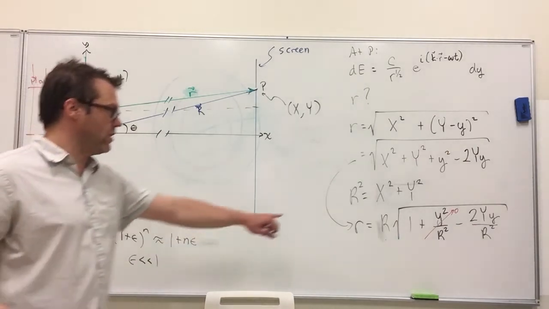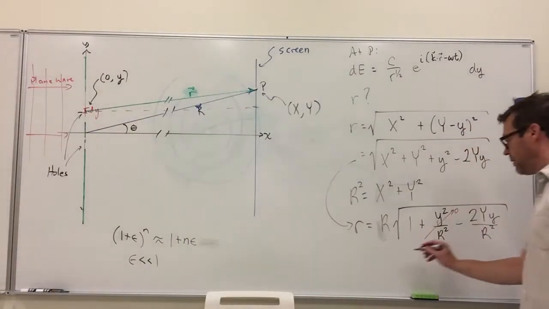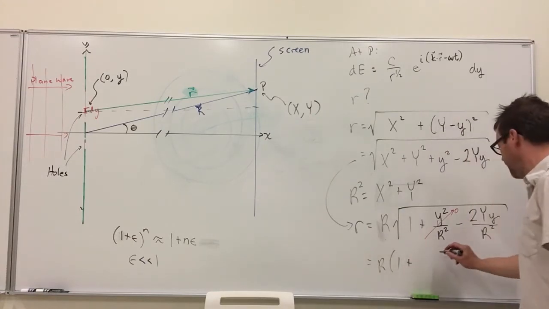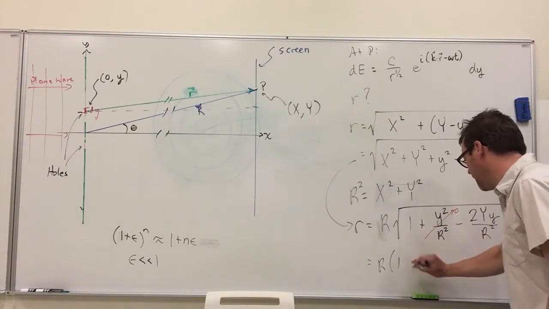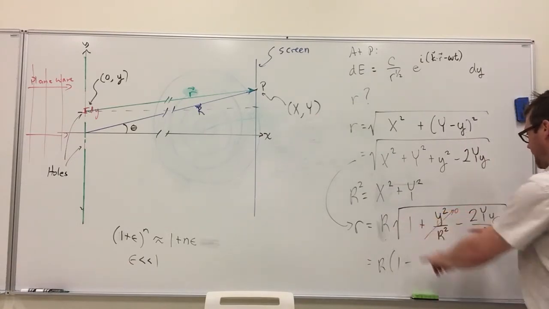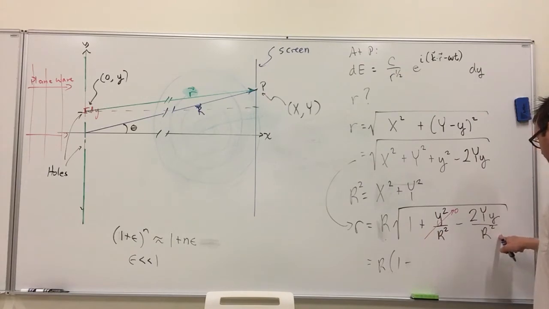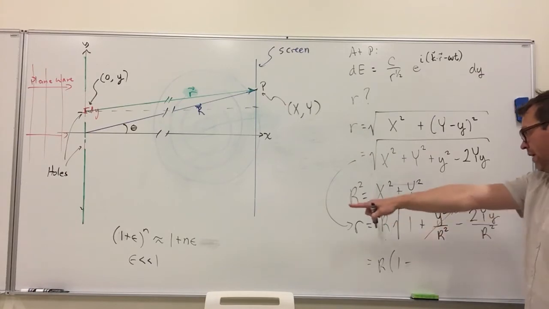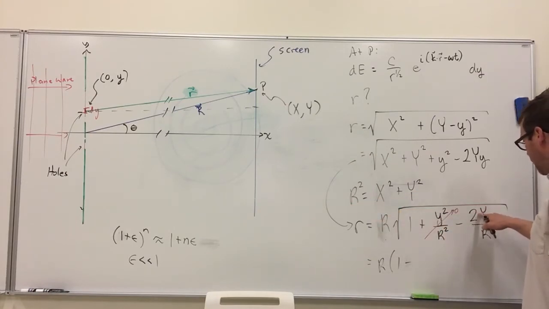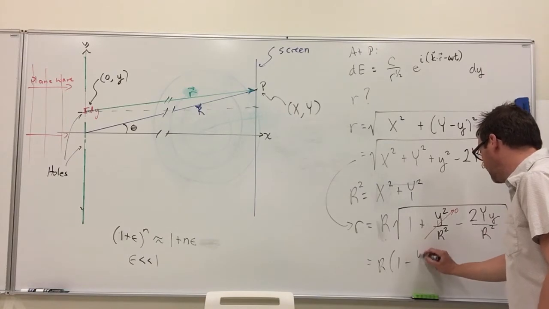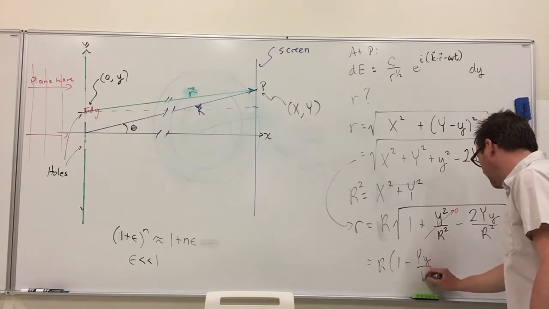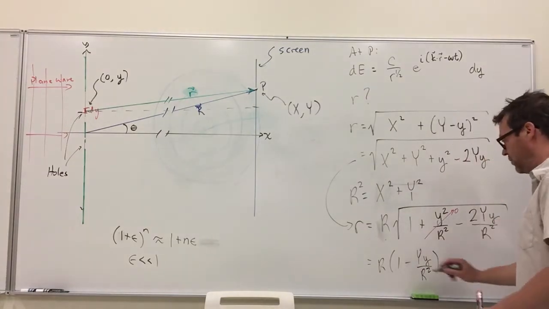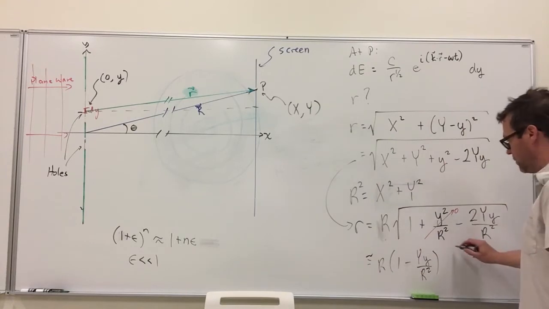If I do that with this, I get r times 1 minus big Y little y over R squared, since this is 1 plus epsilon raised to the 1/2 power, so the 1/2 comes down and cancels the 2. So there is my binomial expansion, which earns an approximately equal sign. I'm going to put a box around that.